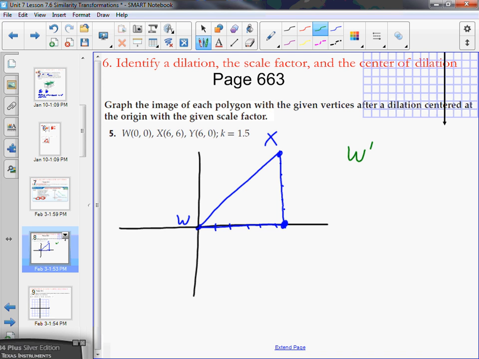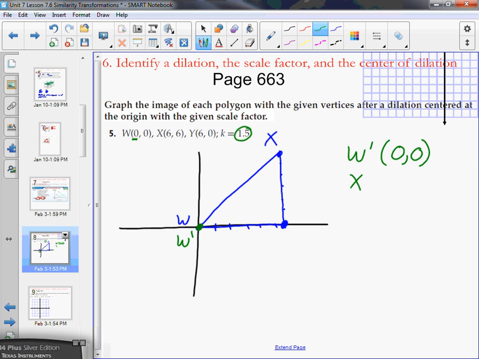It looks kind of like an apostrophe. That's called a prime. I'm just going to call it W prime. The scale factor is 1.5. So 0 times 1.5 is still 0. The other 0 times 1.5 is still 0. So W prime is the exact same point as W.